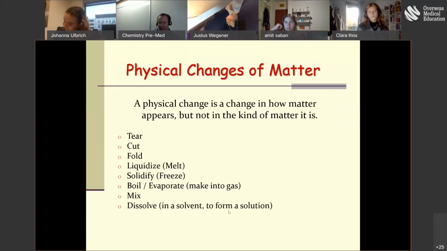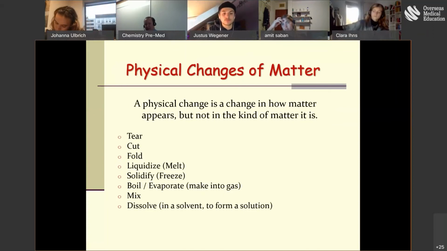Dissolving, this last one in the list, is really important for chemists because nearly all reactions are done in solution. It's really rare, even if it's not shown in the equation, that you would bring substances together in their pure forms and mix them because it's just too concentrated, it's hard to control. If you have heat coming out of that reaction, it's hard to dissipate the heat.